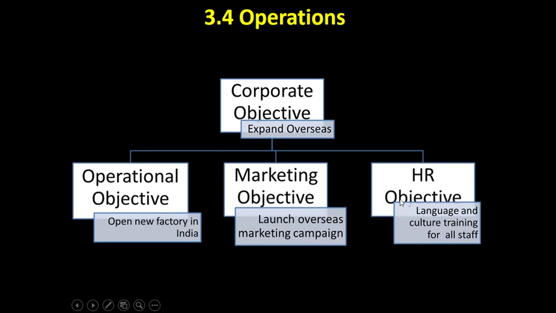Well, we need to make sure, if we're going to be operating in a new culture, that our staff can maybe get by in the language at least and are aware of the culture of the place that they're going to. So you can see how all of the different functional areas have objectives, goals that contribute to the organisation achieving its overall objective.